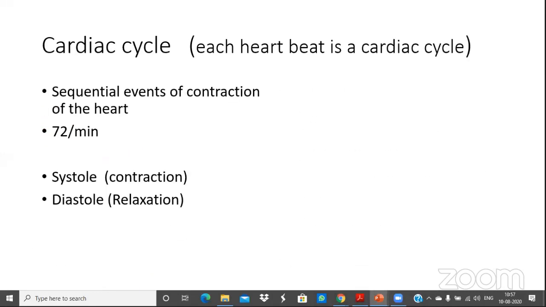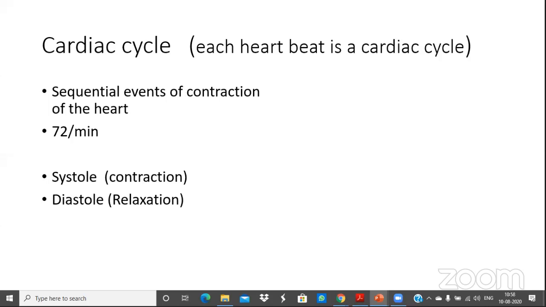Cardiac cycle. Some people may know this, some may not know what a cardiac cycle is. Cycle means repetitive movements, from one starting to the end. Each heartbeat itself is a cardiac cycle. That means sequential movements are there to make that one beat, one lub dub sound. That's one cycle.